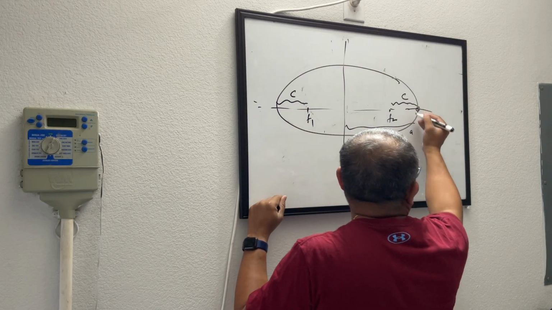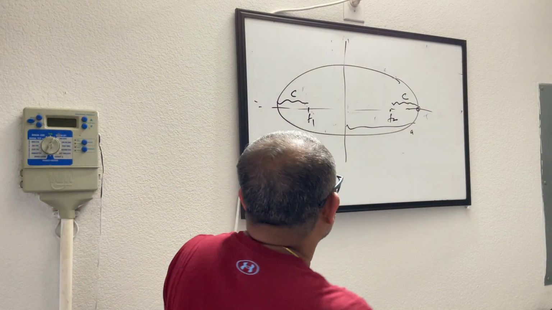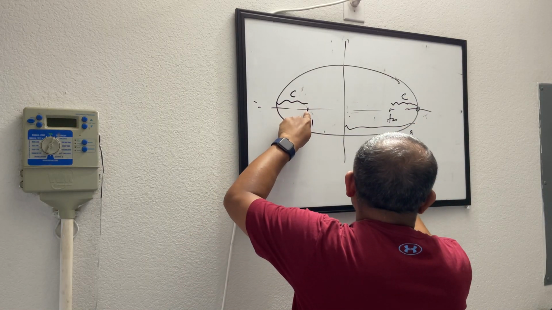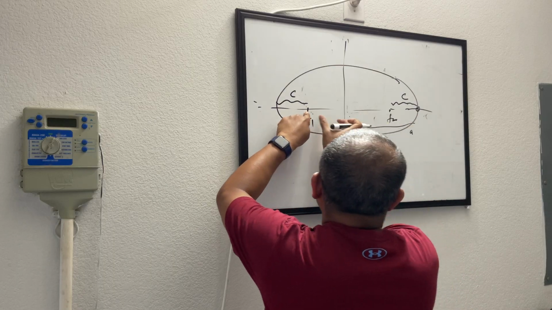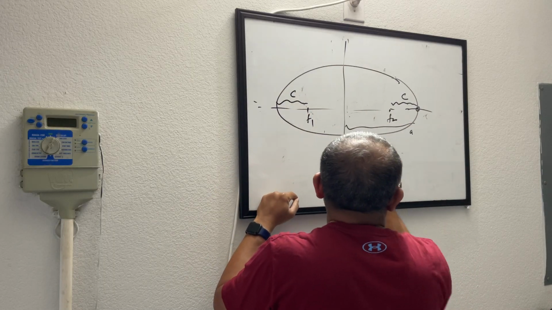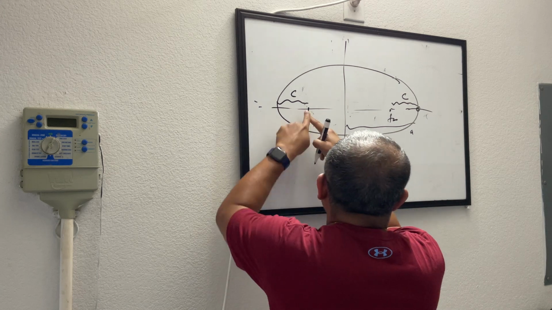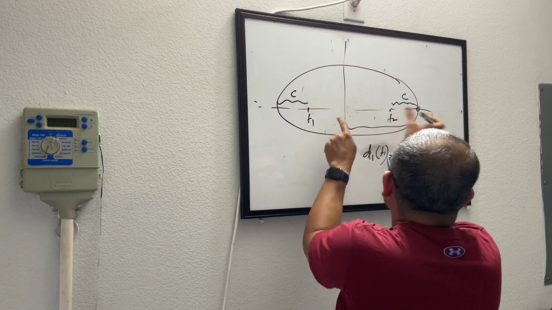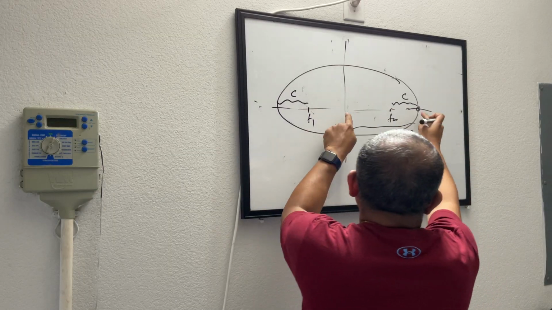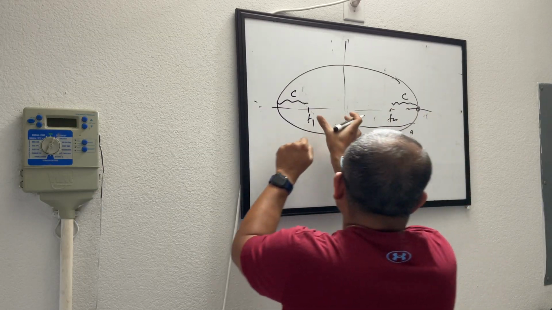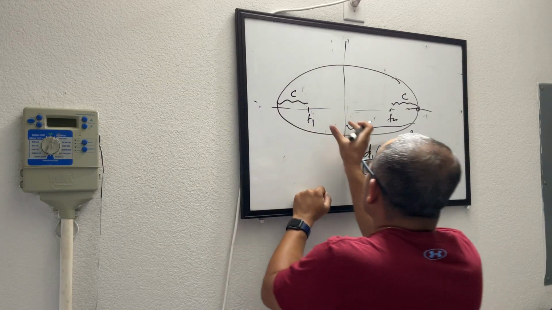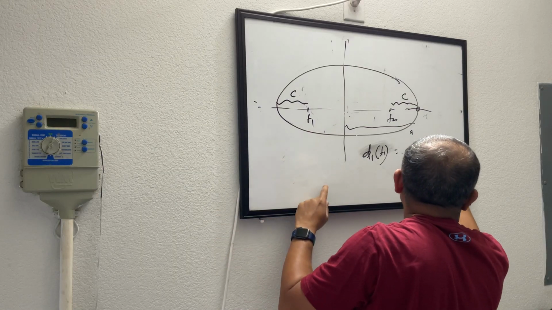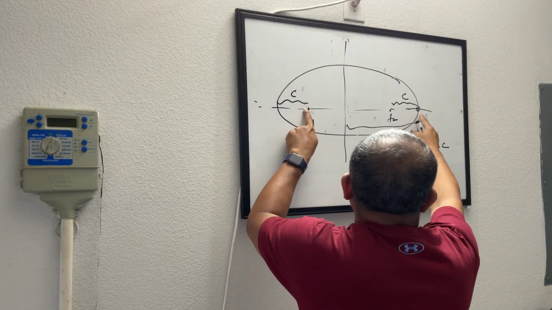Now let's say any point. If I pick this point as one of the points, what will be the distance from here to here? This A, plus, so let's say D1, which is the distance from the focal point to that point, is this distance here to here plus this distance. So this distance is nothing but A, and this distance is A minus C. This is the distance from this point.